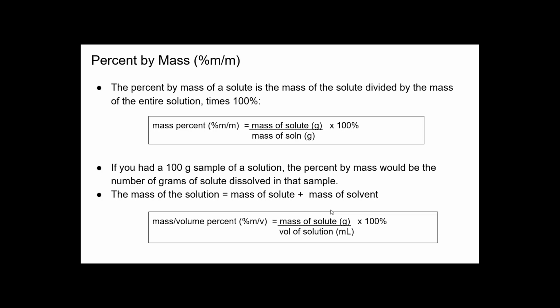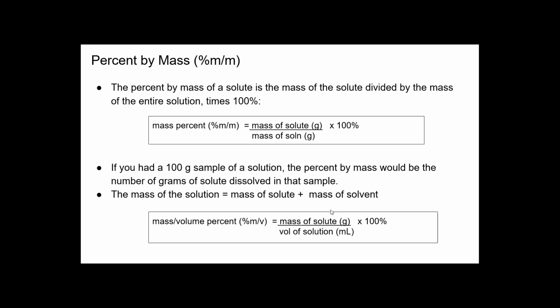We have percent by mass. When it says mass, that means grams over grams. So you'll take the mass of the solute and divide it by the mass of the solution. Solution, remember, is solute plus solvent. So if you're given that, you need to make sure that you understand what that one is, because it can be tricky. Sometimes they may just give you the solute and the solvent values, but not remind you that it's a solution.